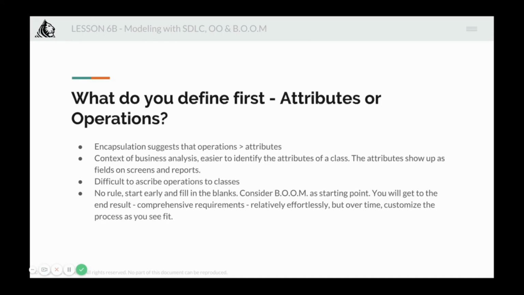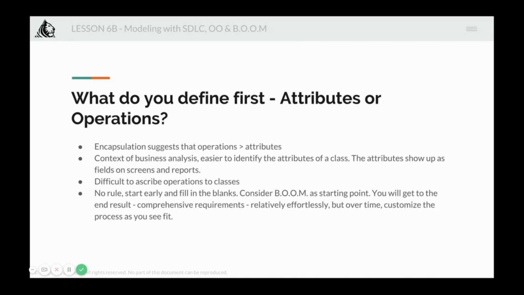I'll typically try to start with operations, but attributes are much easier to define: this is going to be a name field, this is going to be an email field, a mobile field, a calendar field, and so on. It's very easy to describe that piece, but describing the operations that need to be done on each of these attributes is slightly tricky.